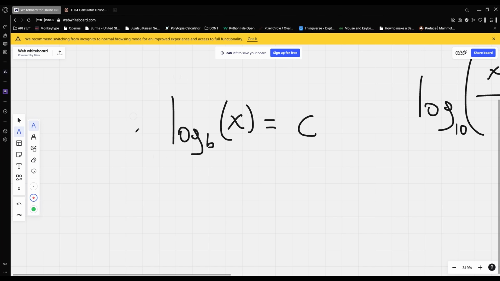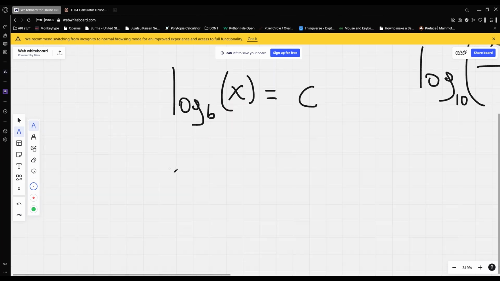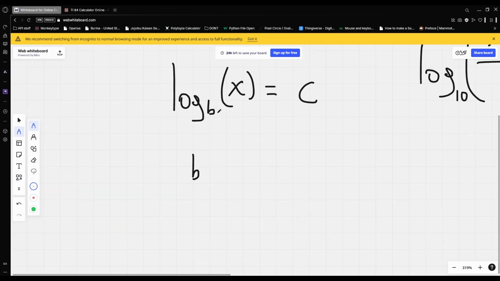So when you're reading a log, it says b to the power of what is equal to x. The solution to that conundrum is c. So if we turn this into an exponential, we get b to the power of c is equal to x.